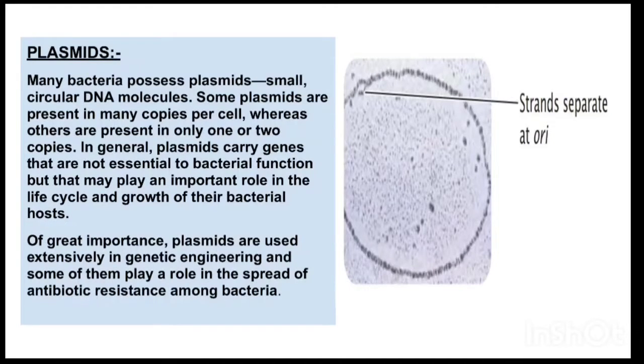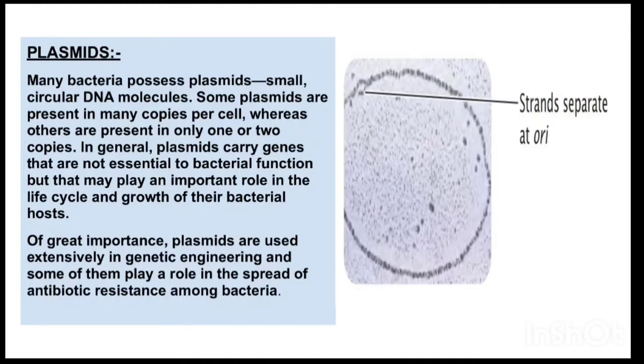In general, plasmids carry genes that are not essential to bacterial function, but they may play an important role in the life cycle and growth of their bacterial hosts, right?